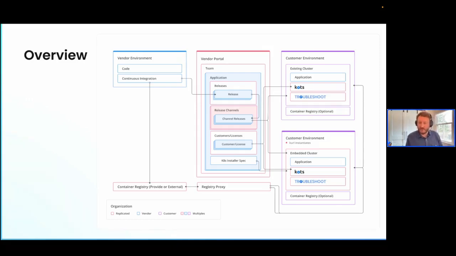Those release channels your customer subscribes to, and you push that code into either an existing cluster or an embedded cluster that's been defined using our embedded cluster technology, curl with an installer spec. And you can see that the licenses are also flowing that way. We have a registry proxy, which handles all your licensing and authentication to your container images. So that's the very high level overview of the technologies we're going to be talking about as we go through the model.